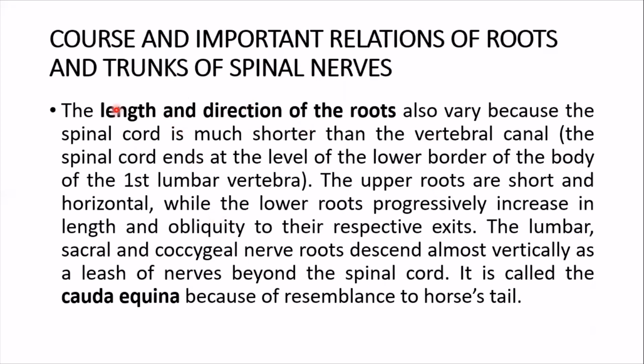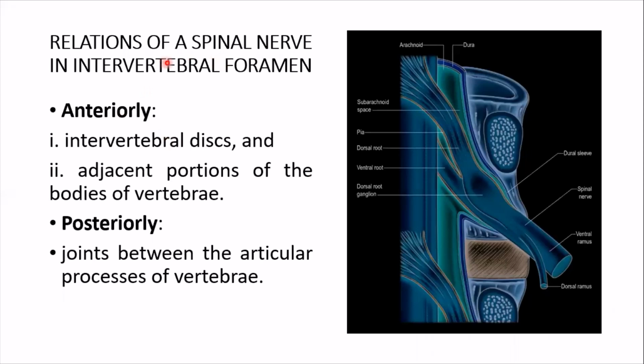This is already told you in detail because it varies, and what is the level of the segment in relation with the vertebra. I told you already in my first lecture. This is why I'm mentioning it, just to make a coordination and synchronicity of the various points of the spinal cord. So relation is very important anteriorly.